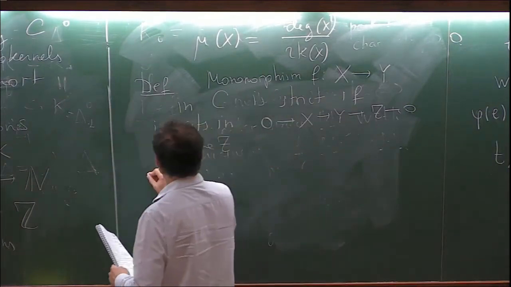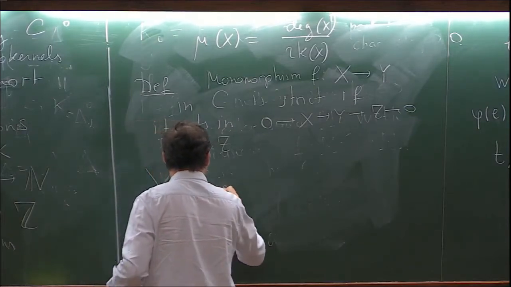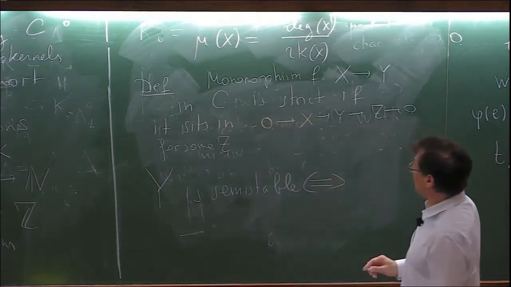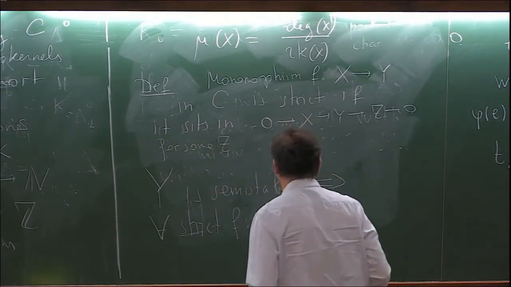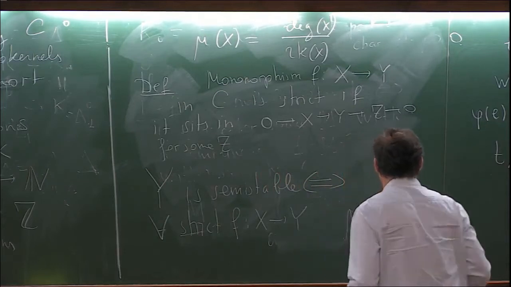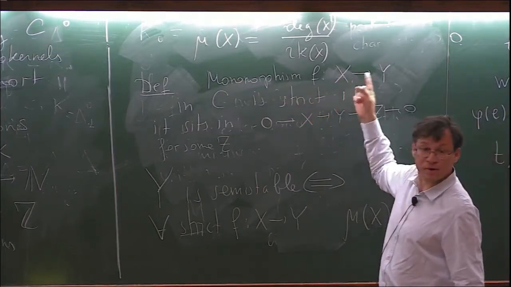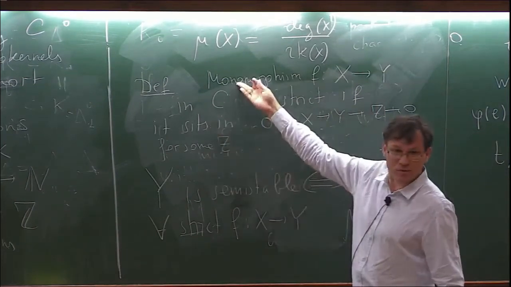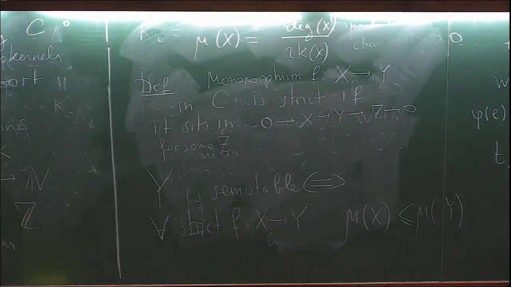And one says that Y is semi-stable if and only if for any strict f from X to Y, mu of X is smaller than or equal to mu of Y. Because it is strict, it is a monomorphism. We have this inequality.